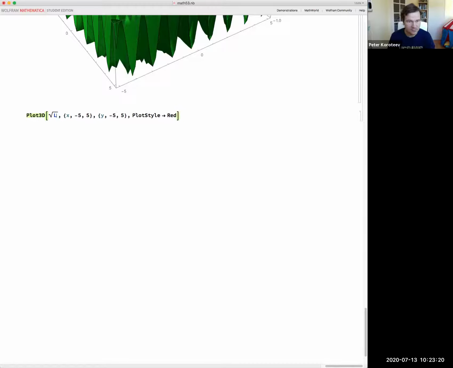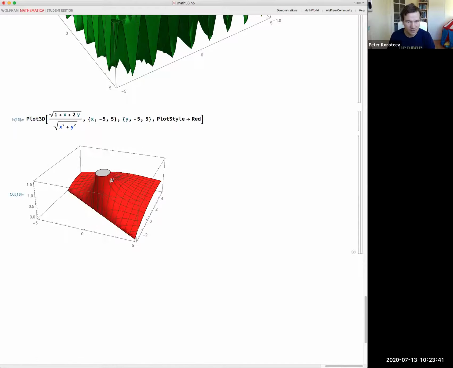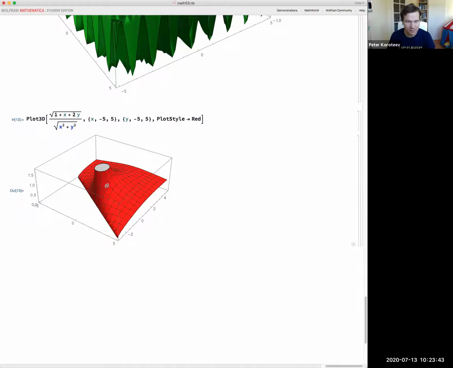Square root of, I don't know, 1 plus x plus 2y divided by x squared plus y squared. Okay. That's weird, right?